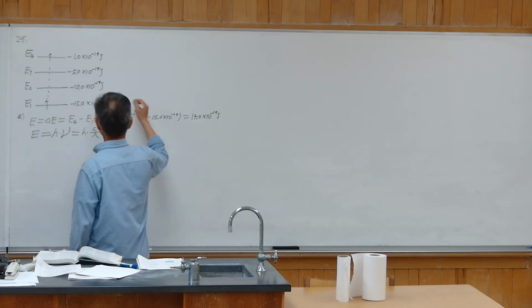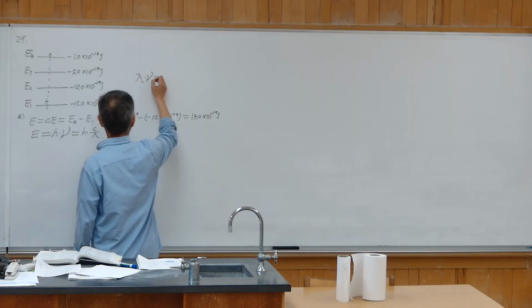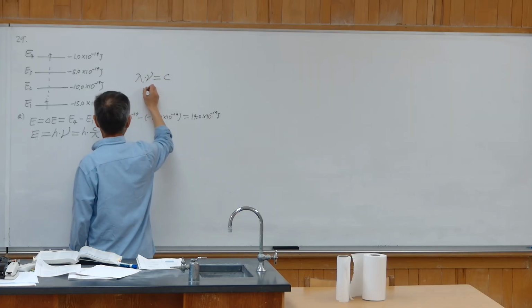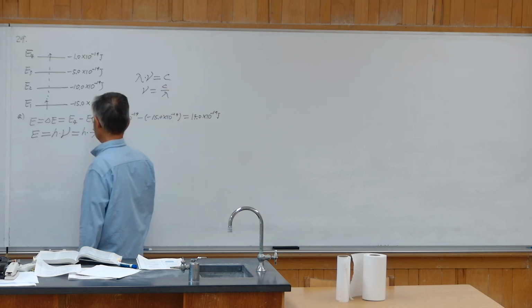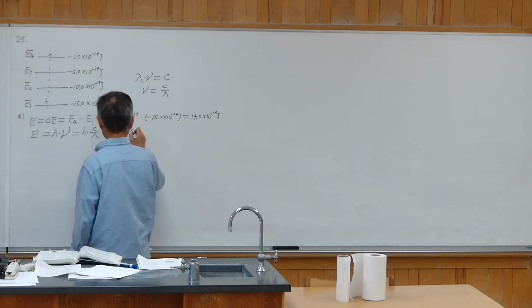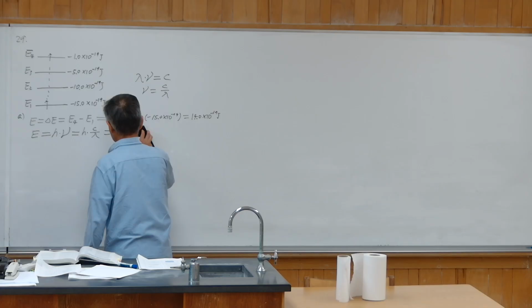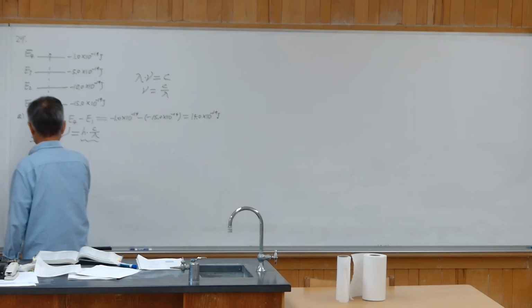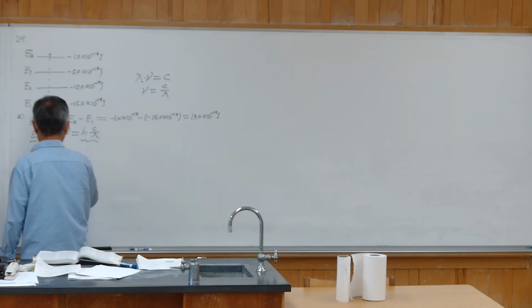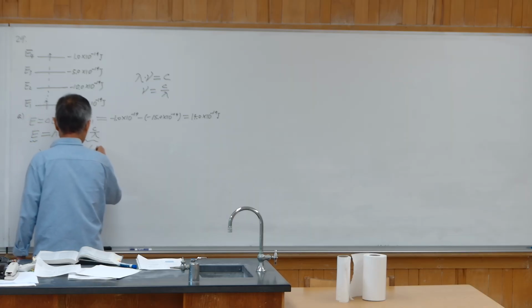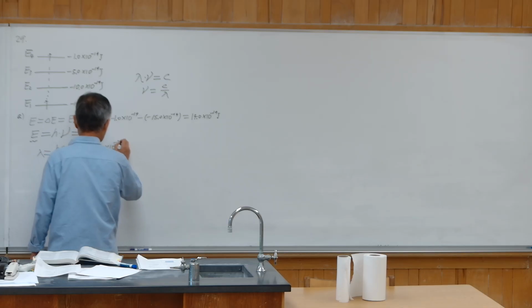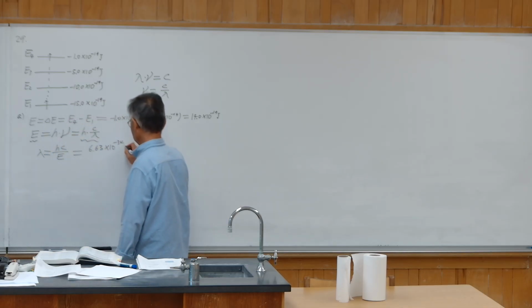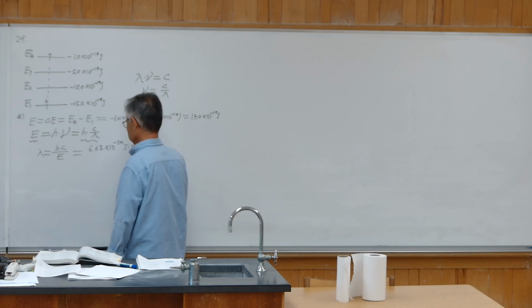Because wavelength times frequency always equals C. Then frequency equals C divided by wavelength lambda, right? Then H is Planck constant. We need to solve for wavelength. So E equals hc over lambda, then lambda equals hc over E. The H is a Planck constant, 6.63 times 10 to the -34th joule second.